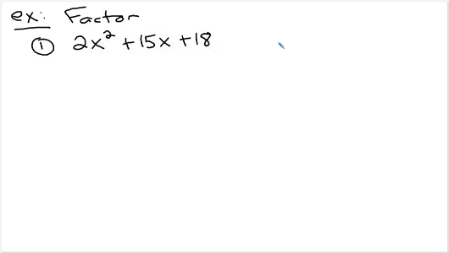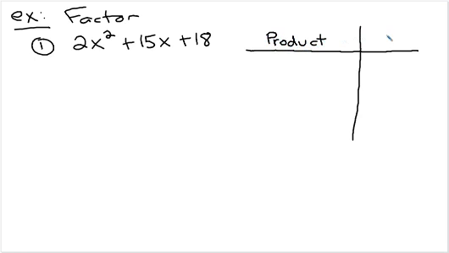Once again, we're going to make a chart just like we did before, and instead of factors and sum, I want us to think product and sum, but we're still going to list some factors here.